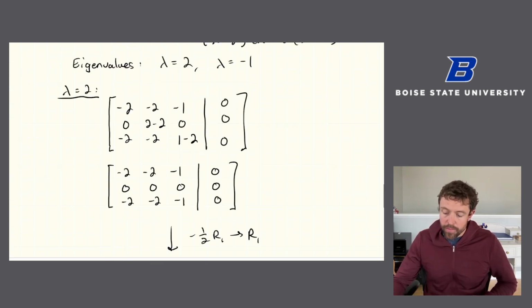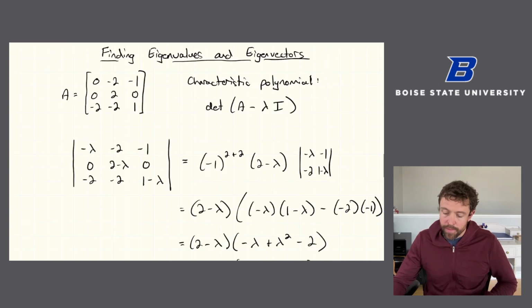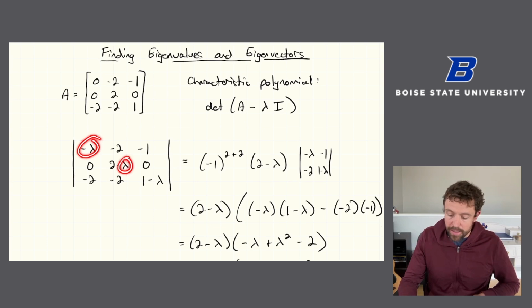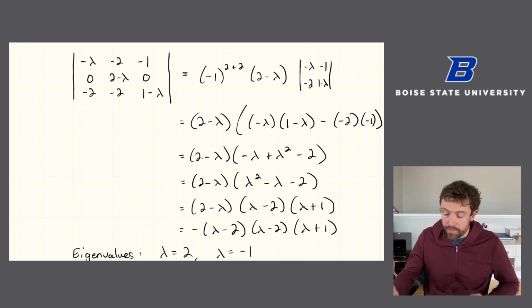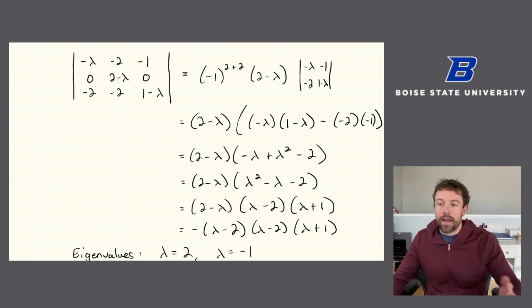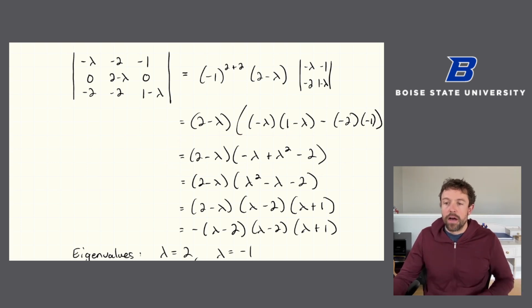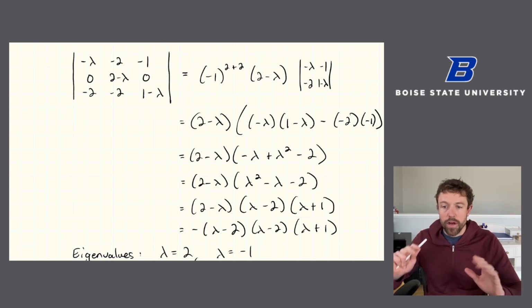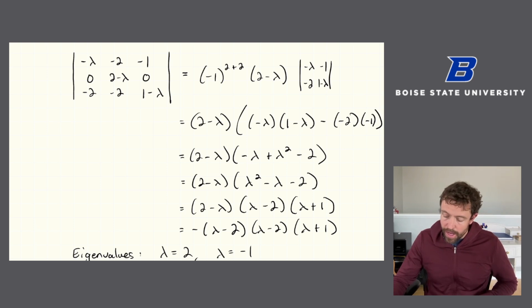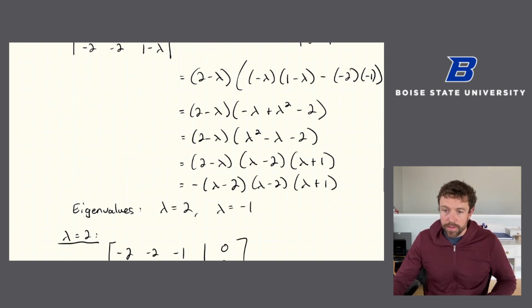So quickly back through the process. I have my matrix. I subtract away lambda from all the diagonal entries, find the determinant, probably using cofactor expansion, and factor it. Keeping in mind that if I get lucky and I already end up with a factored expression, there's no reason to multiply that out. Think where you're going. I find the roots of the characteristic polynomial. These are my eigenvalues.